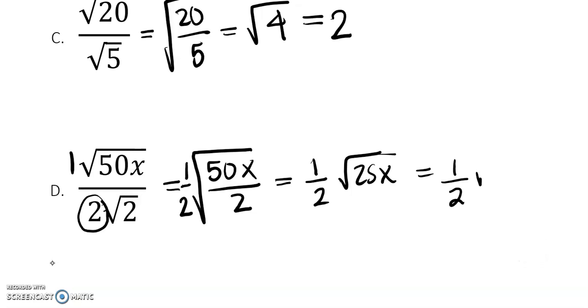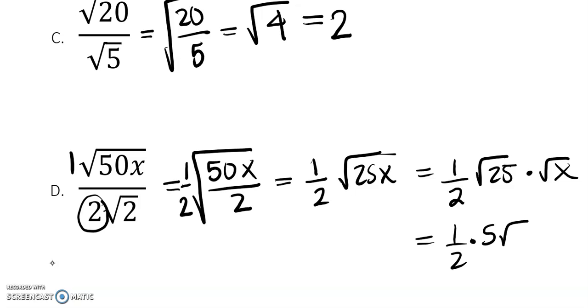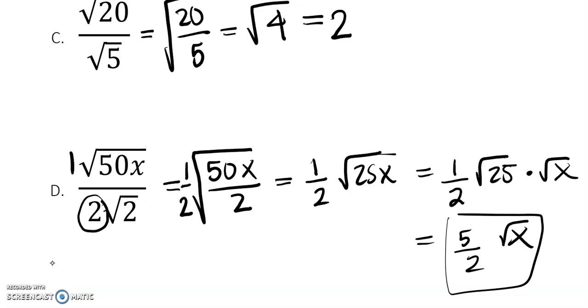So 1/2 square root of 25 times square root of x. Now what's the square root of 25? Yep, 5. And you just have x here. So I'm just going to clean up this fraction to be 5 over 2. And that would be your answer.